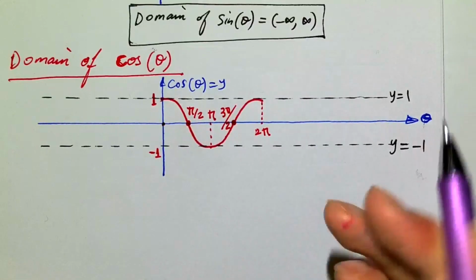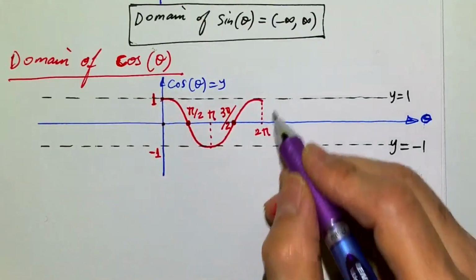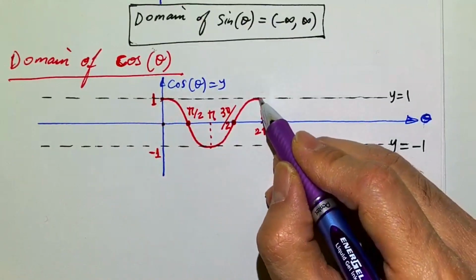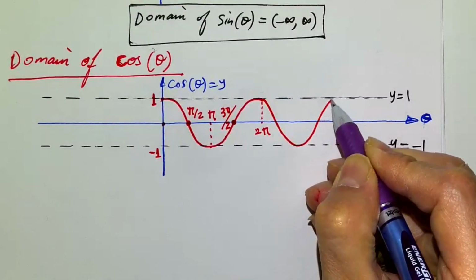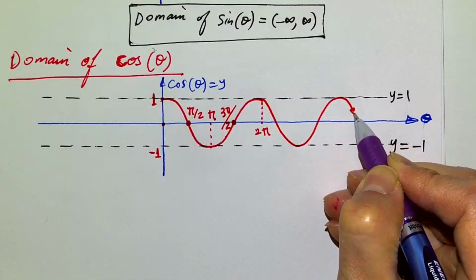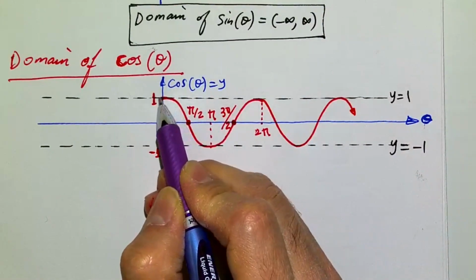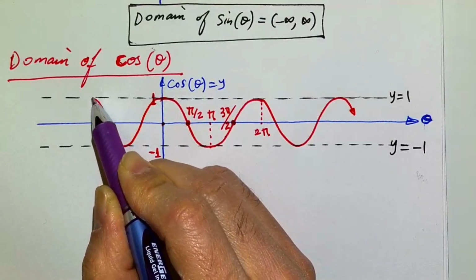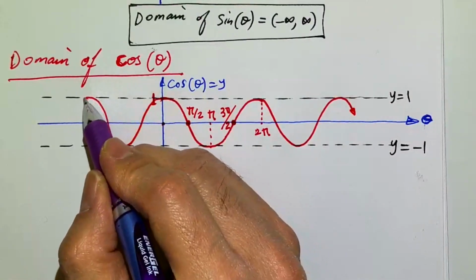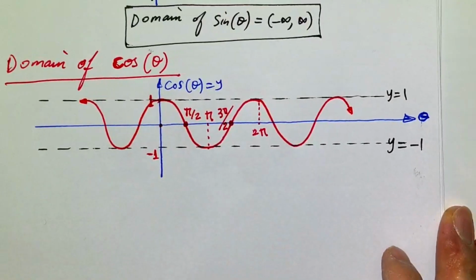Okay, and just like the sine function, this can go on and on both sides. So let me actually continue that. It can go again, come back up again, and so on. On this side, it'll do the same thing, like that. So that's why we say that trigonometric functions are periodic. They do that over and over again.